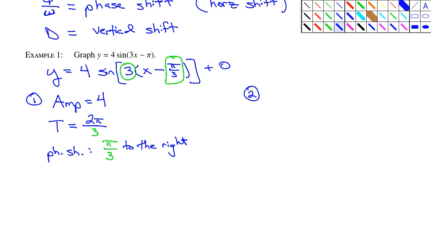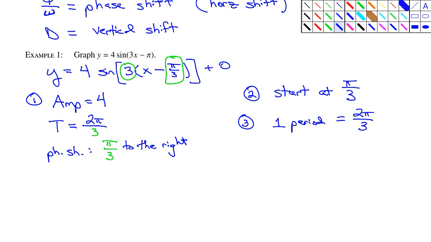Well, what we want to do is we want to start our sinusoid where the phase shift tells us to start it. Sine normally starts at 0, 0. We're going to move that over to pi over 3, according to the phase shift. Next, I want to sort of plan out where the graph goes. So I want to look at what one period of this graph is going to look like. Well, we know that one period is 2 pi over 3.